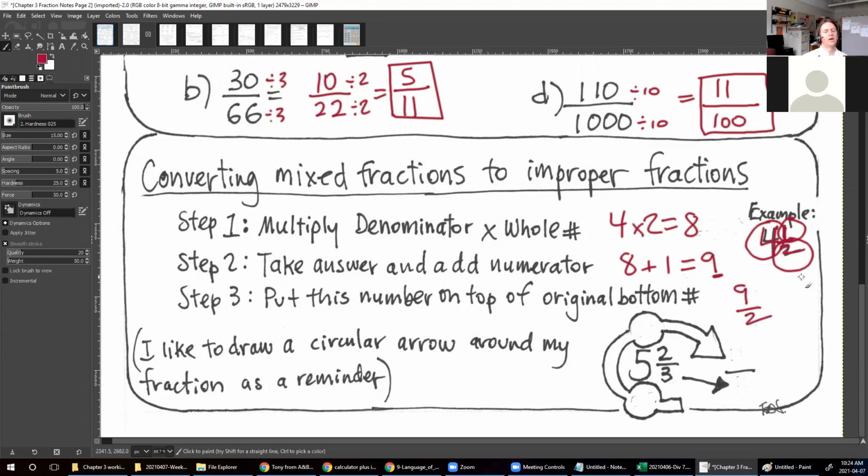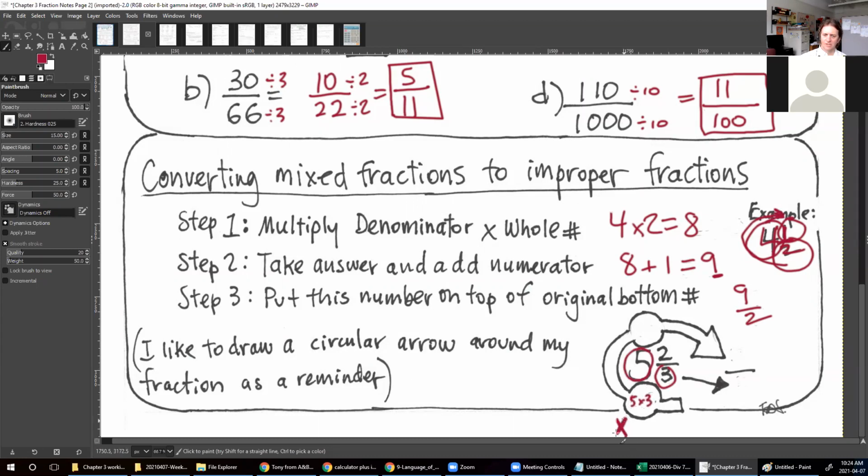Now you're going to say, oh my God, that was way too confusing. This is why I've got this cool little graphic here. Often what I will do when I'm converting is I will draw a little arrow here. And this tells me, when I'm drawing my arrow, this first step, I have to go 5 times 3.